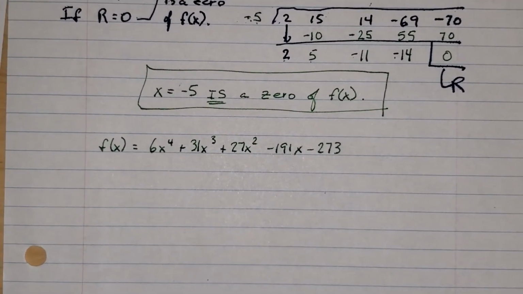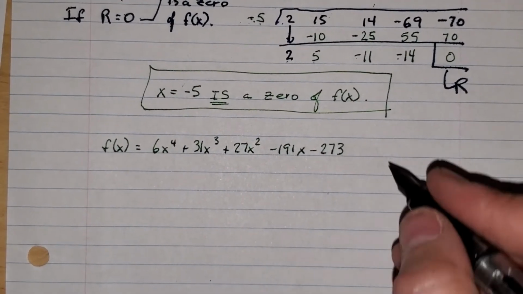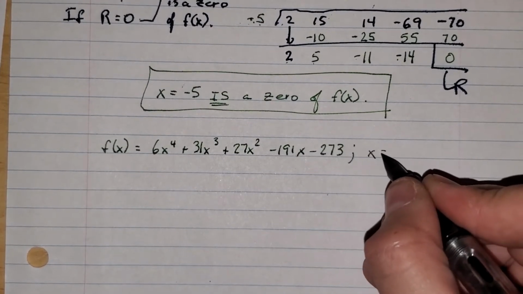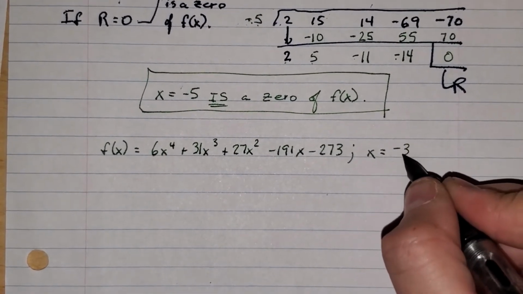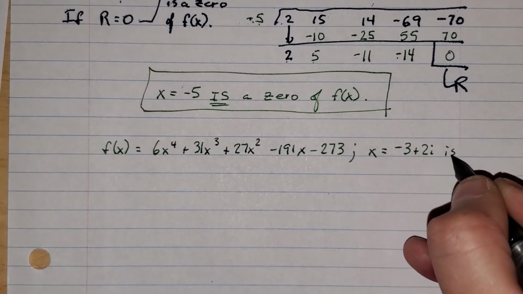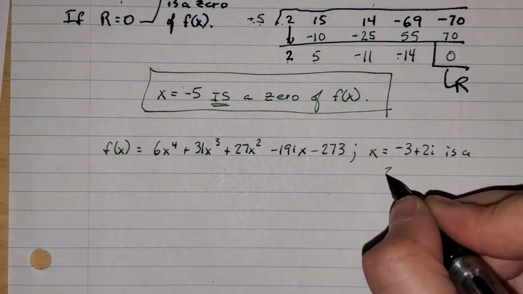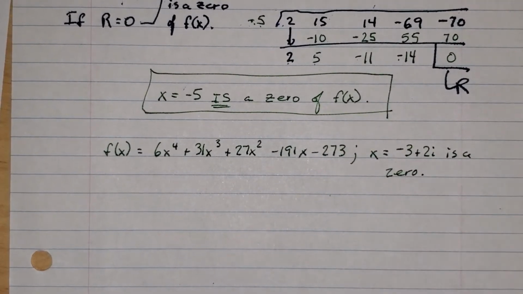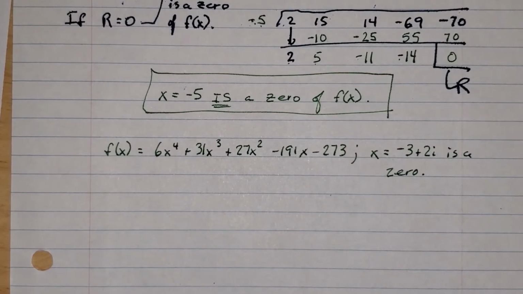So they give us this really long function, and then they tell us x equals -3 plus 2i is a 0. That's our given information.